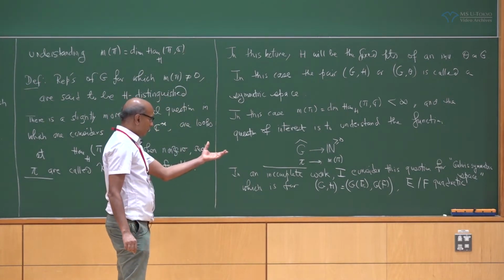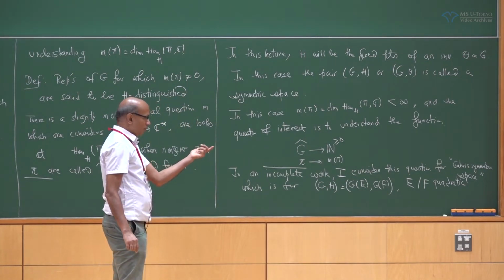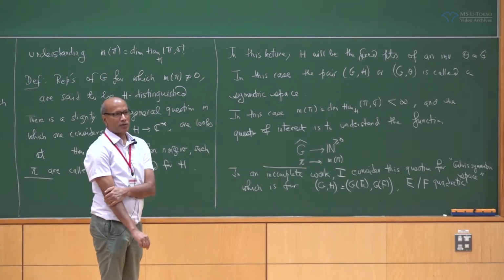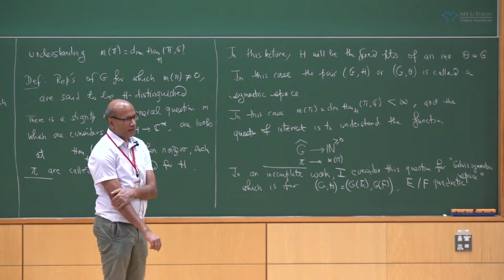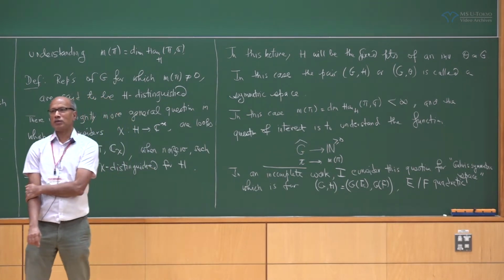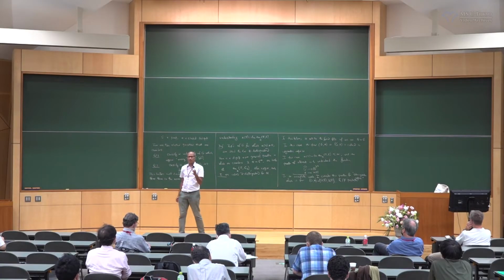This is a symmetric pair. The Galois involution on E over F operates on GE, whose fixed points is GF. The question there is to classify representations of GE which have fixed vectors for GF.